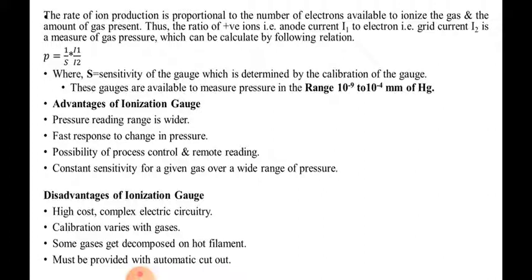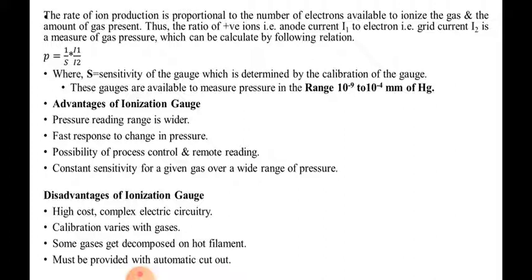The advantages of the ionization gauge are: the pressure reading range is wider, fast response to change in pressure, possibility of process control and remote reading, and constant sensitivity for a given gas over a wide range of pressure.